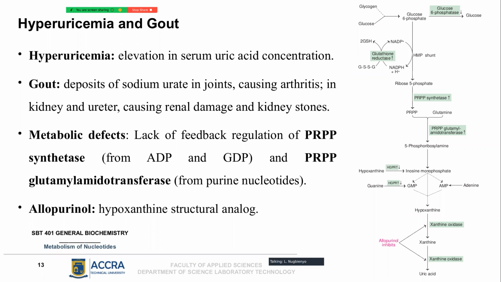The deposits of these salts can also cause kidney stones, and even with the liver you can have hepatic stones or renal stones. So the accumulation of these things causes the blockade of ducts in these organs.